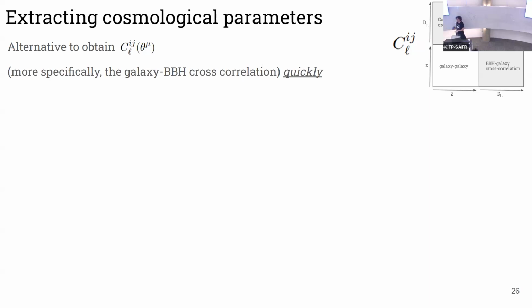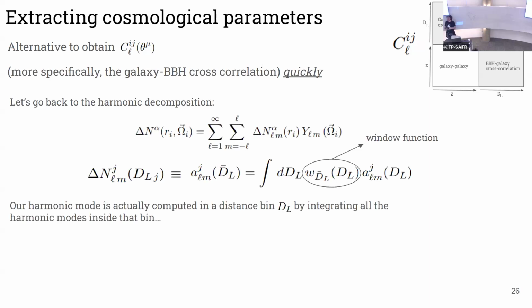So a very simplistic way that we found to solve this is that we turn back to the definition of the angular modes, and you see it is implicit that we're always computing things in a thick luminosity distance shell, given by this integral on a window function. So you integrate very thin luminosity distance bins, and then you have your thick harmonic mode.